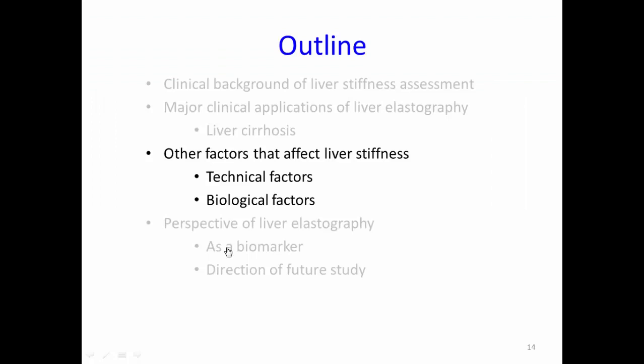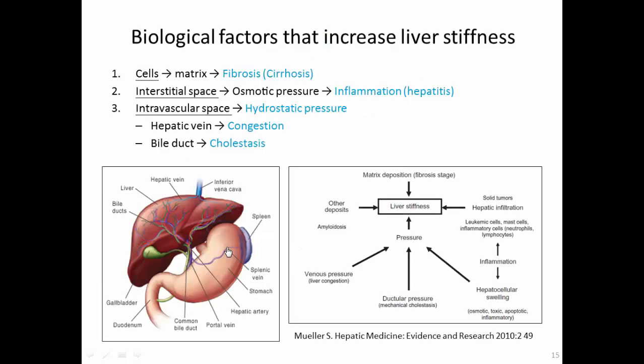And now I'll talk about some of the other factors that will affect liver stiffness other than liver fibrosis. These include technical or biological factors. I will focus on the biological factors in this talk. Because the liver is not a purely homogeneous organ, in addition to hepatocytes and the interstitium, it contains vessels, including artery, vein, and bile ducts.